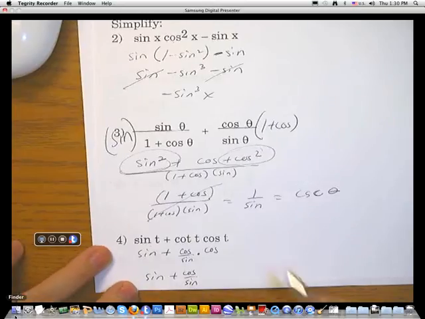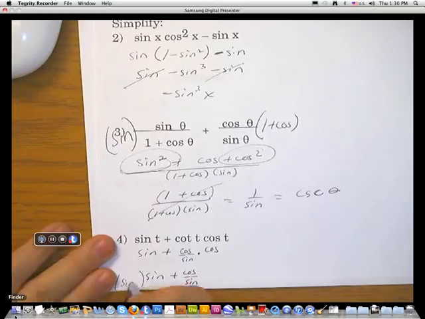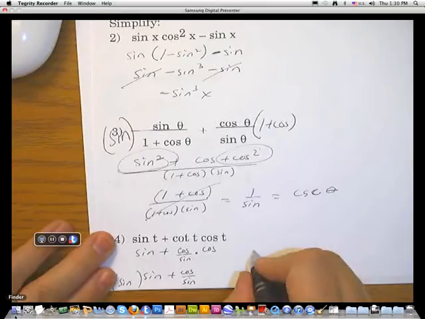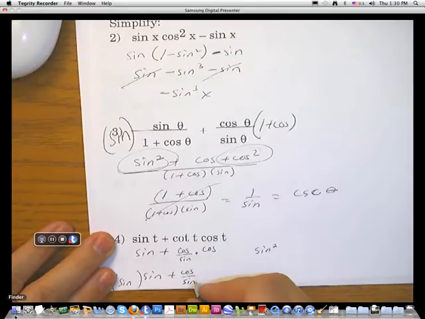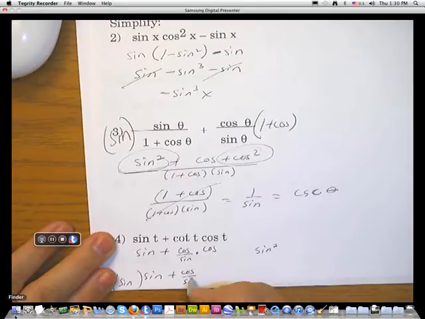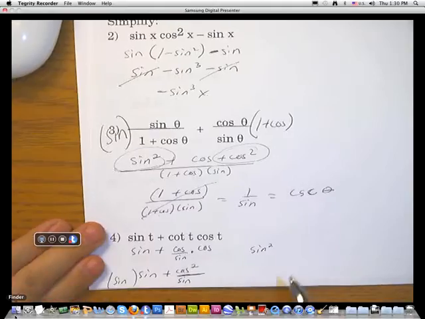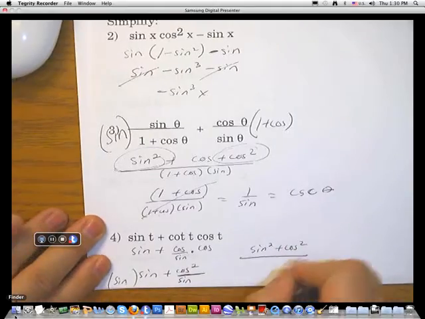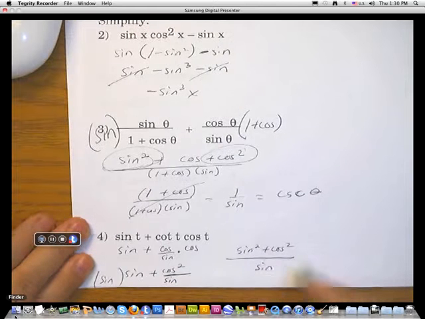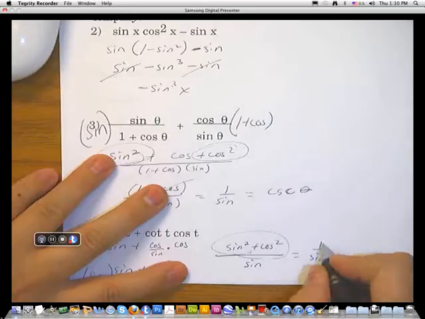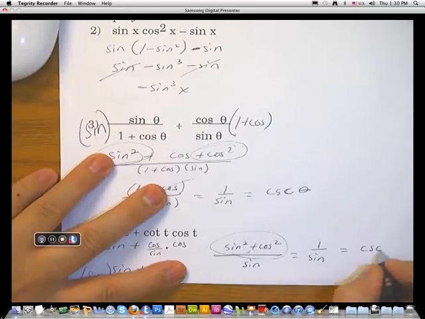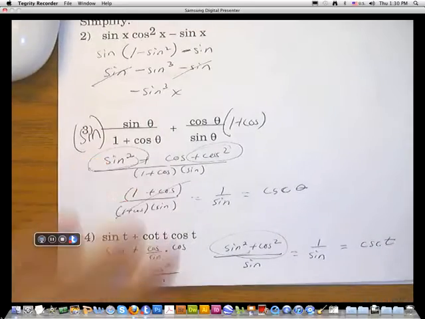Again, if I have fractions, I want to get common denominators, so I'm going to multiply this one by sine. So I get sine squared. When I multiply this, I get cosine squared there. I'm going to get sine squared plus cosine squared all over sine. I know sine squared plus cosine squared is one of my identities, so 1 over sine gives me cosecant.